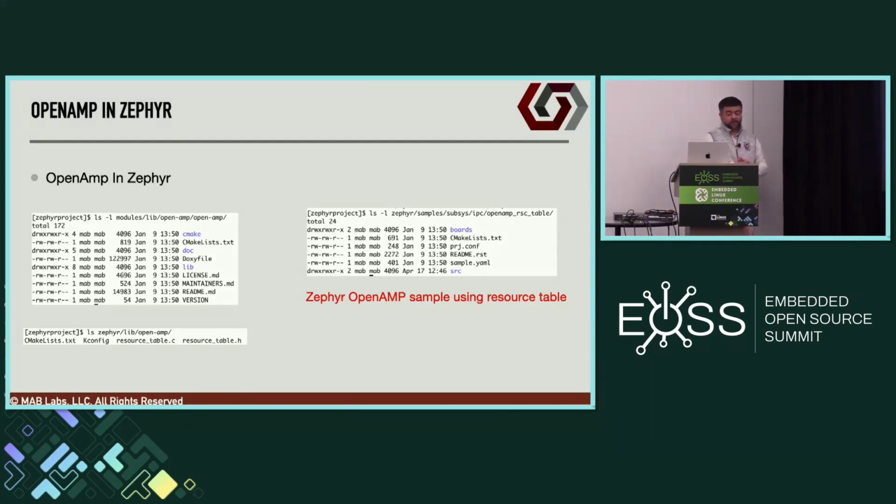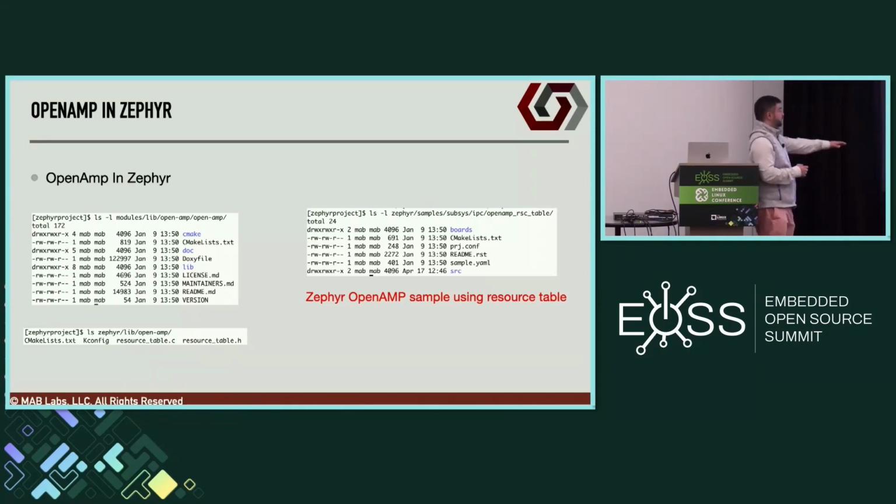Now that we have an overview of OpenAMP in general, with remoteproc, RPMsg, and libmetal, here's a quick overview of where they reside within Zephyr itself. OpenAMP is an external repo that's part of the modules directory in Zephyr.